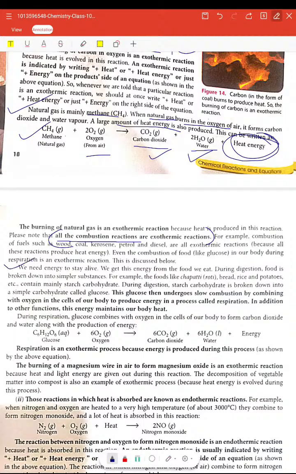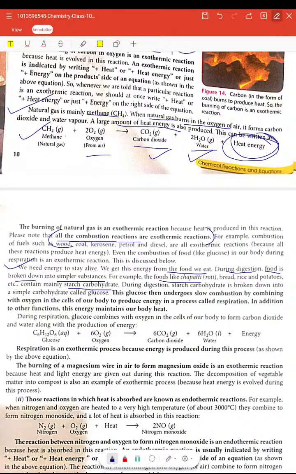We need energy to stay alive. How will we get this energy? From the food we eat. During digestion, food like chapati, bread, rice, potatoes is broken down into simpler substances. They have carbohydrates, starch.